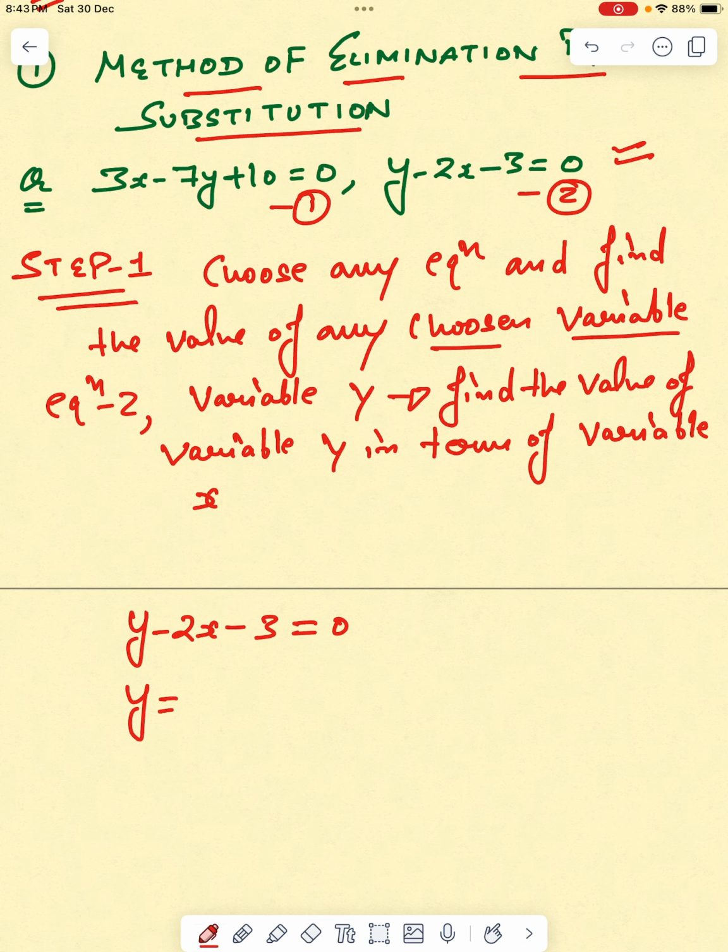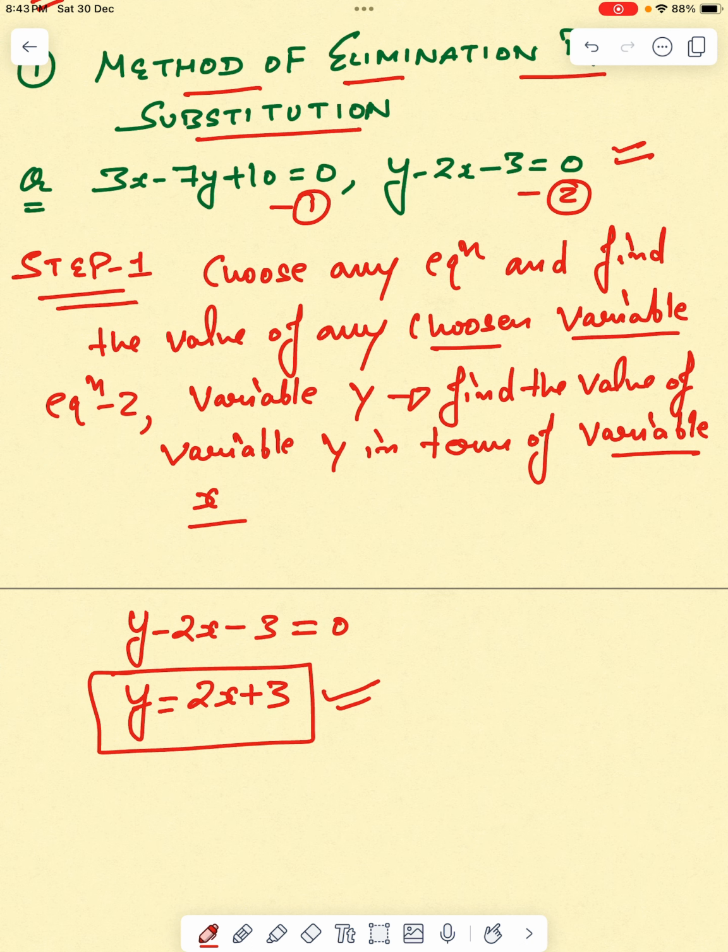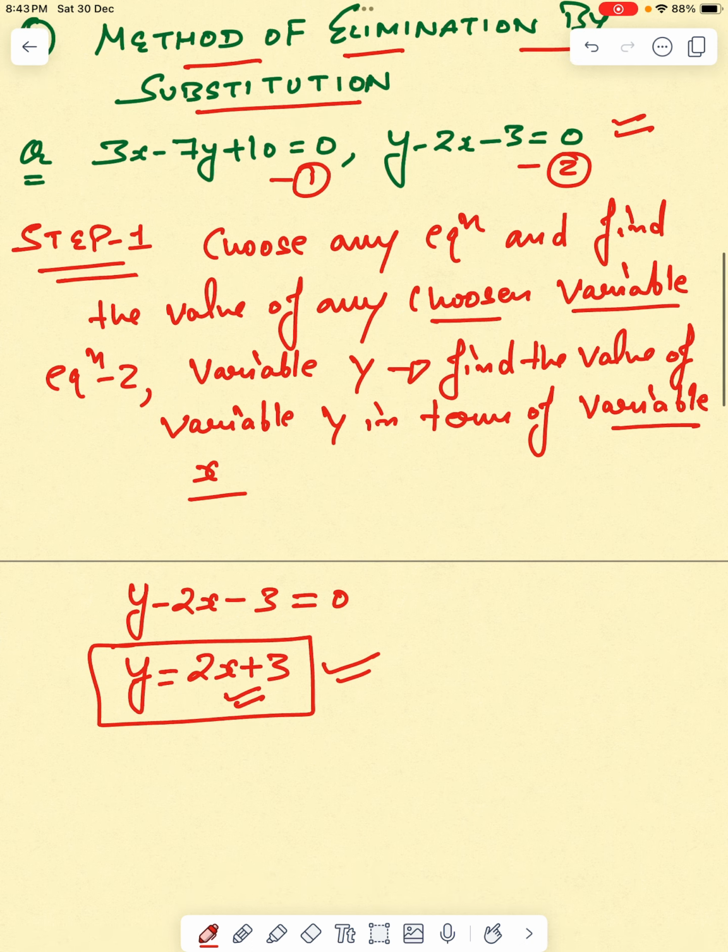So place the variable y on the LHS side and take the other terms on the right hand side like this. So I got the value of variable y in terms of variable x. So y is equals to 2x plus 3.